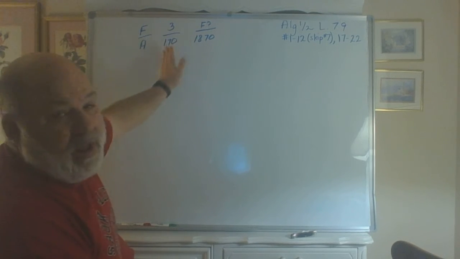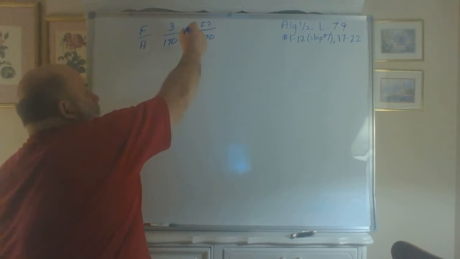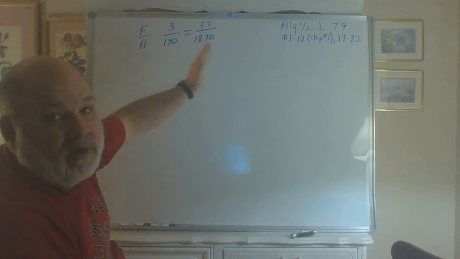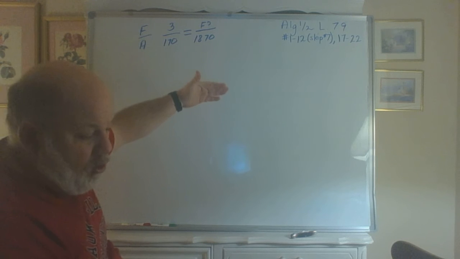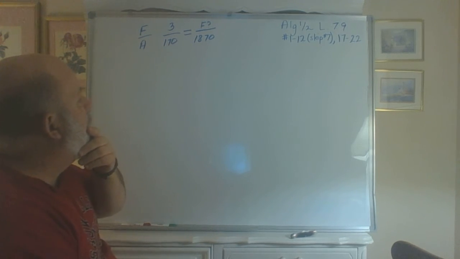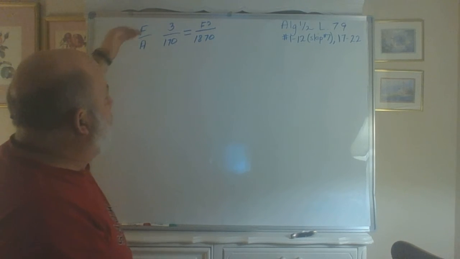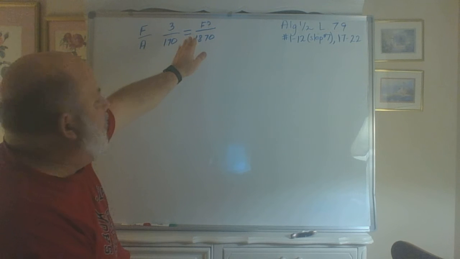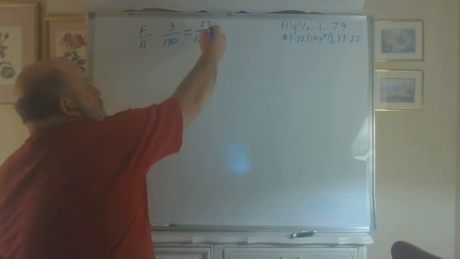These 2 ratios are going to be equal. By the way, when you have one fraction equal another fraction, that's called a proportion. It says that at the top of the lesson, and I think we've talked about that in class too. I can now cross-multiply to find that missing amount, how much fertilizer that is.